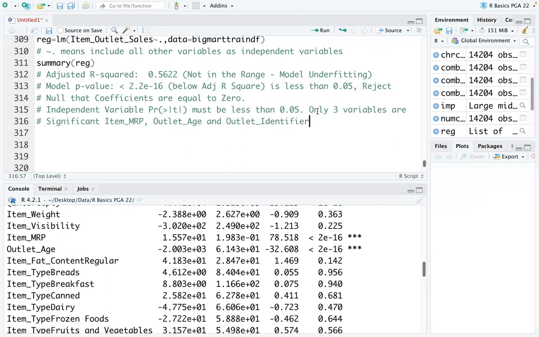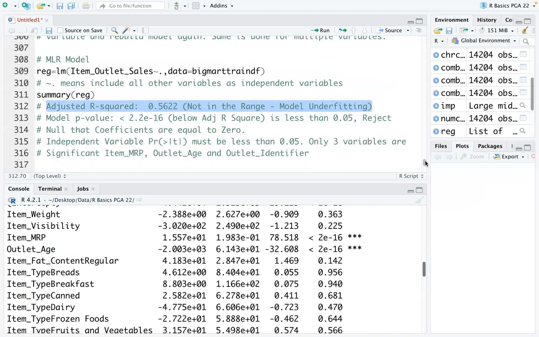These are considered significant variables. The rest of the variables are found to be insignificant, and we will delete them. Basically, first of all, we should not consider this model because our adjusted R square itself has failed. Our model itself has failed because our adjusted R square was not in the range, but for academic and learning purposes, we are just looking at the statistical output.